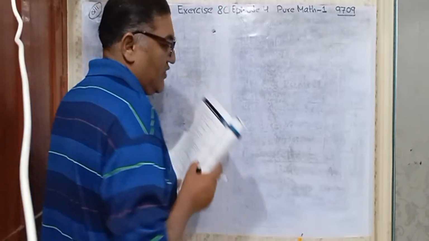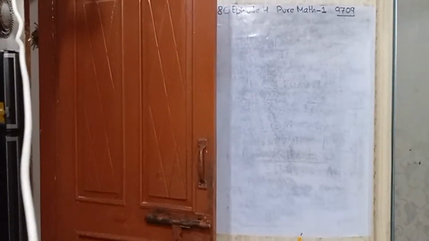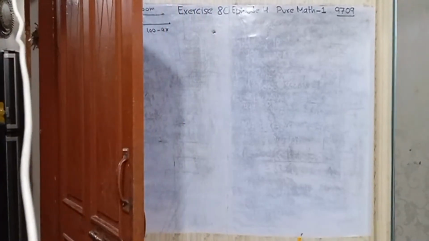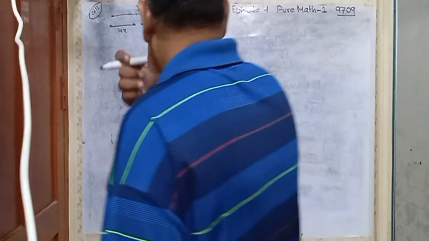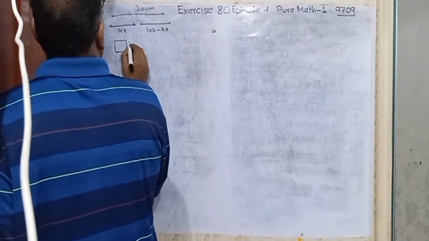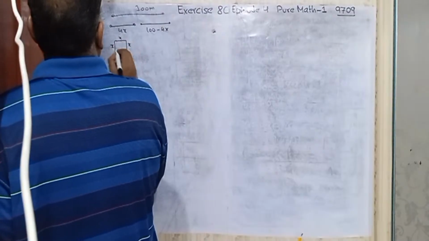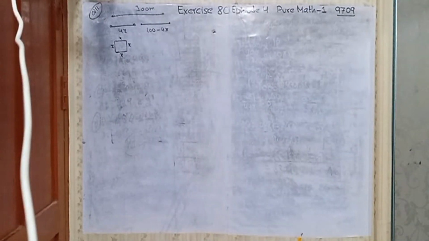One piece is 4x, and the other piece obviously will be 100 minus 4x. So with this piece, they made a square, and each side of this square is x. This is given. From here, I got the idea that the total perimeter of that square is 4x, and from 100 we will subtract that.